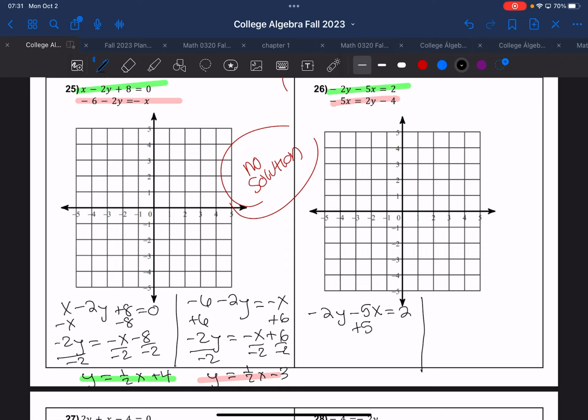Add 5x. So we have negative 2y is equal to 5x plus 2. And then what? Divide everything by negative 2. So we have y is equal to negative 5 halves x minus 1.